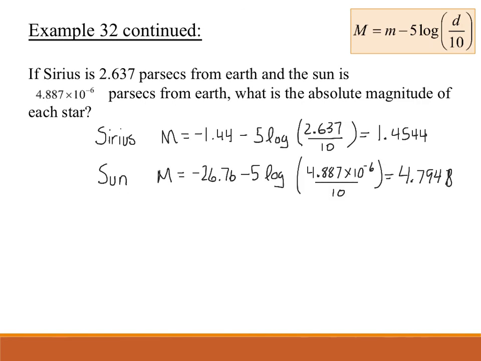So here are the answers. For Sirius, M is equal to negative 1.44 minus 5 log of 2.637 divided by 10, which is equal to 1.4544.